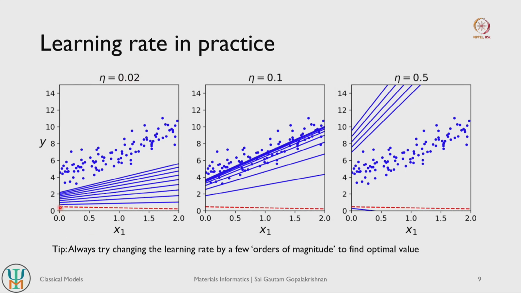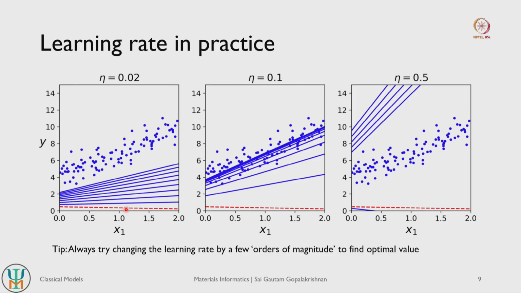So let us say this is your starting point here, your red line indicates the starting value of the weight associated with x1, so your theta 1 basically. This is usually done randomly, so you randomly initialize the theta value and let us say that gives you this red line here. Of course you see that the red line is a very poor fit of the actual data points.